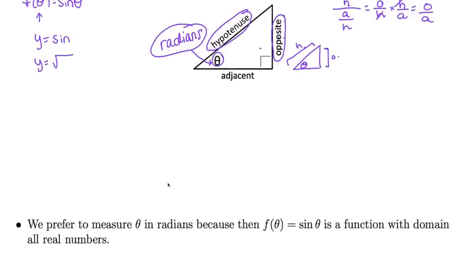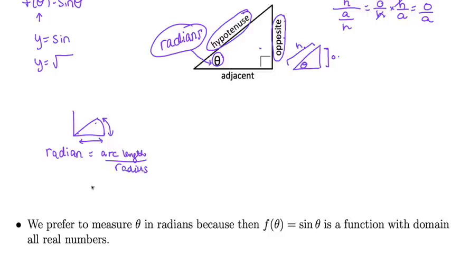We prefer to measure the angle in radians because then f of theta equals sine theta, or any of the other functions, is a function with domain all real numbers. Now, to know what we mean there, we have to maybe review what a radian is. If you have an angle, like this angle right here, then a radian is the length of this arc divided by the length of this radius, arc length divided by radius.